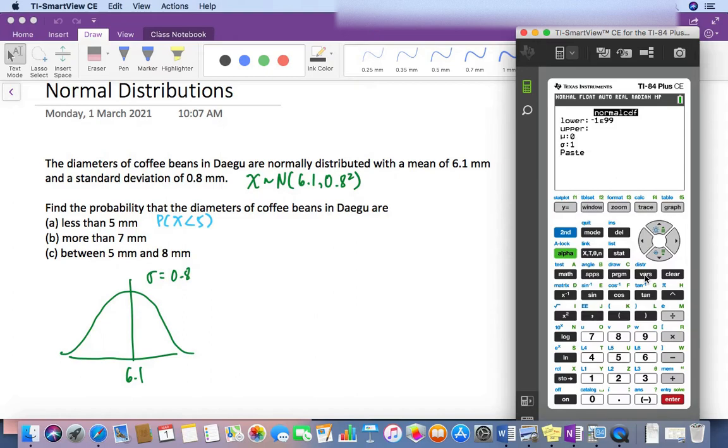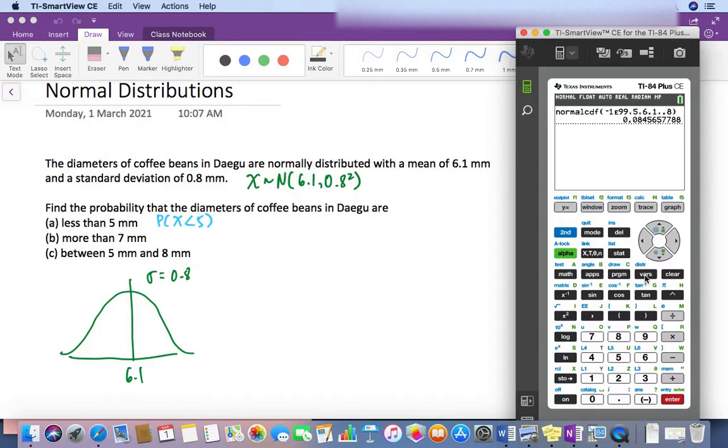So you identify the lower boundary, so it defaults to -1 times 10 to the 99. So we're not touching that. We're just going to set an upper bound, which is 5. Okay, so the mean is 6.1 and the standard deviation is 0.8, and that's our answer, 8.46%.